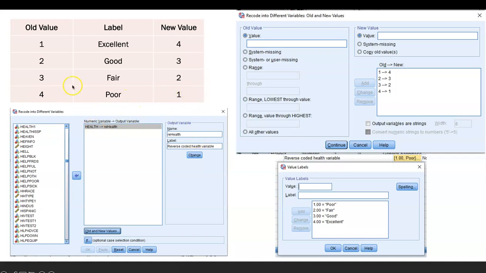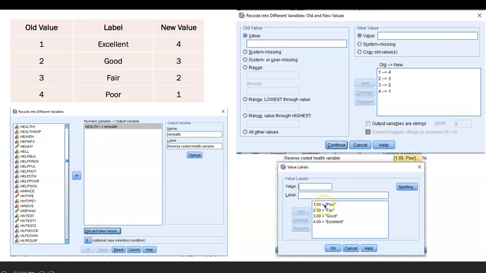As you learned in the recode process, and I will post another video of the recode later, you can change the name. Based on this table, you can use this coding scheme here: 1 in the original variable will be 4, 2 will be 3, 3 will be 2, 4 will be 1. You should not forget the value labels; without the value labels, that will just show a very simple table.